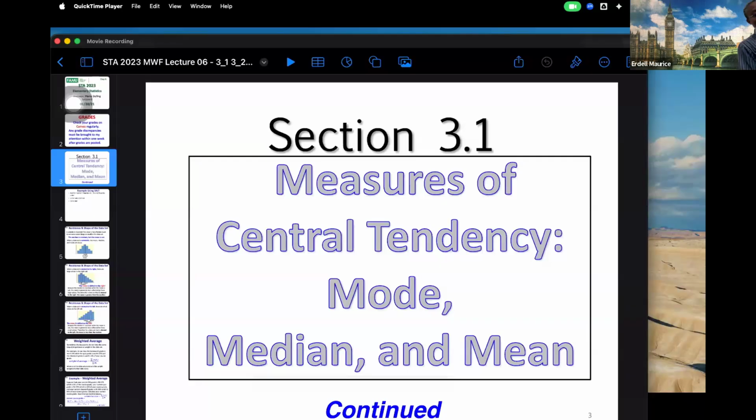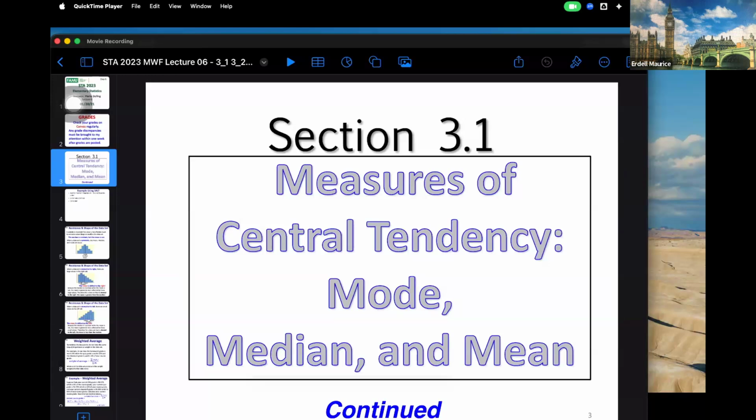Other than that, last time we did measures of central tendency, the mode, the median, and the mean. Somebody remind me, how do you find the mode for a data set? The most common item, or the item that happens most often, that is the mode, right?